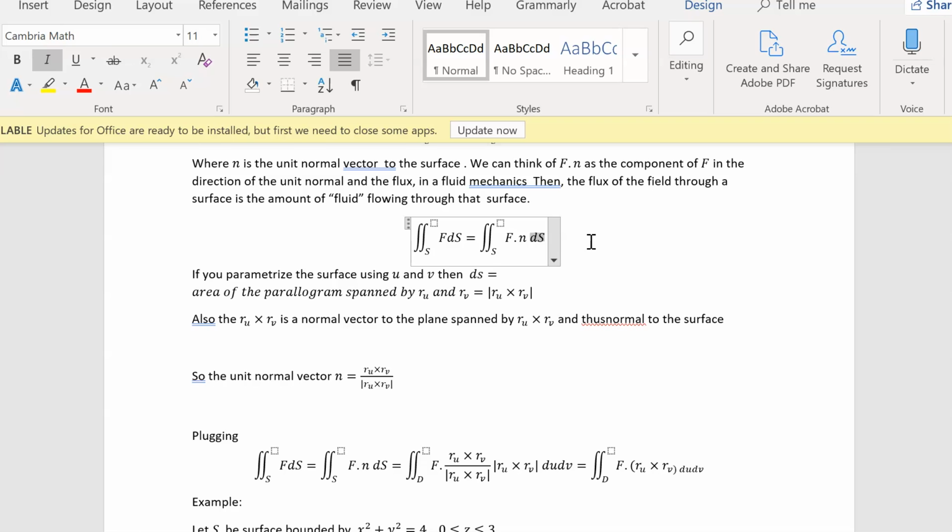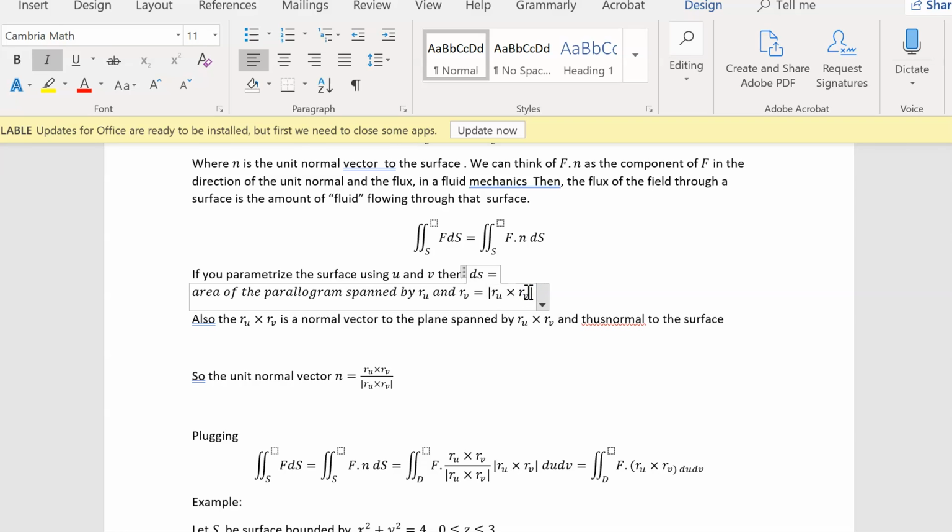It is created by the partial derivatives of the position vector r of the surface: the partial derivative of r with respect to u and the partial derivative of r with respect to v span the parallelogram.